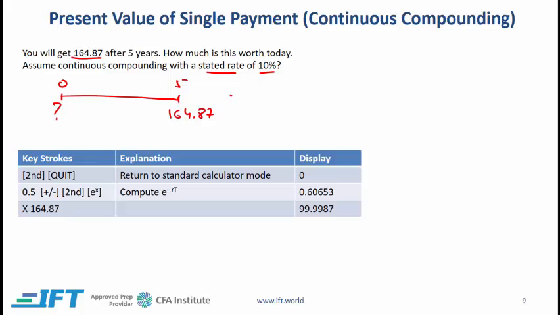Now here the formula is that the present value is equal to the future value times e to the power of minus rt. The first thing to do is come up with this minus rt. R is 10%, which is 0.1, t is 5, so minus rt will be minus 0.5.